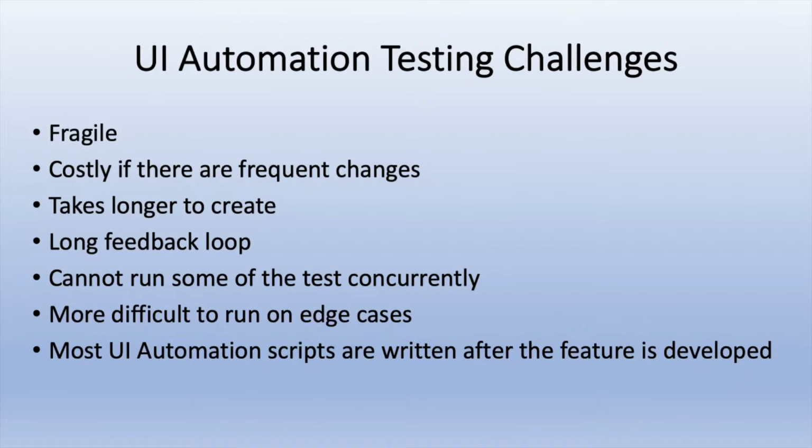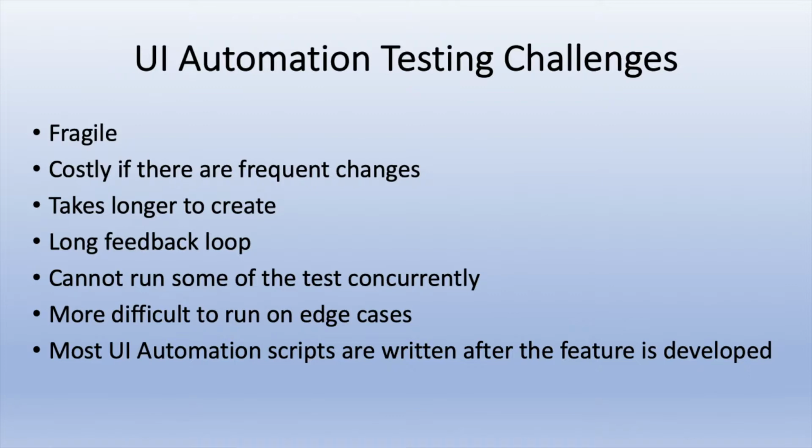It also takes much longer to create these tests. We need to configure the drivers for each session or platform and add some waiting time to make sure it is touching the right elements. The UI layer takes up a lot of time to go through, and while running these tests, the feedback loop can be long.